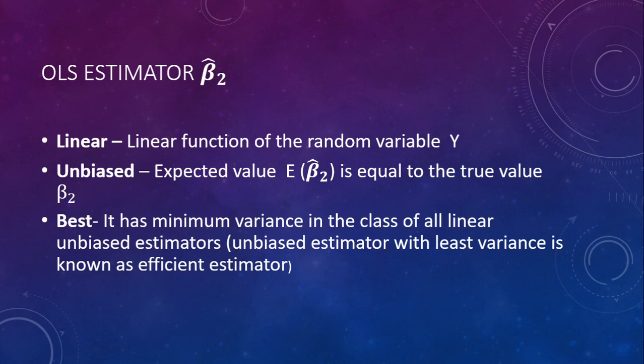And beta 2 hat is the best estimator of beta 2 if it has minimum variance in the class of all linear unbiased estimators. The unbiased estimator with least variance is known as the efficient estimator. An estimator becomes the best estimator when it has least variance.